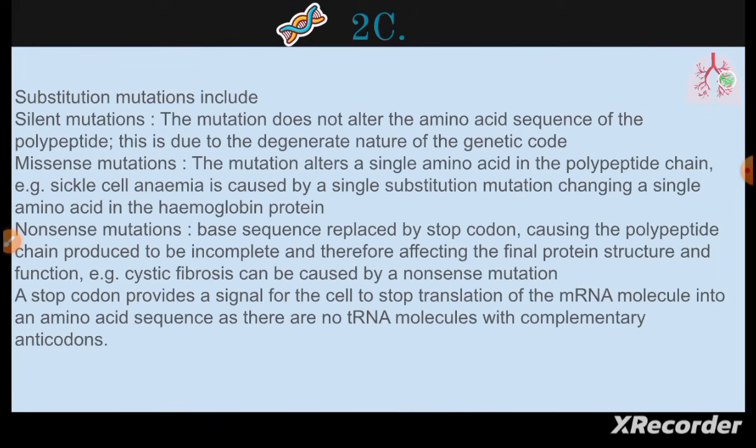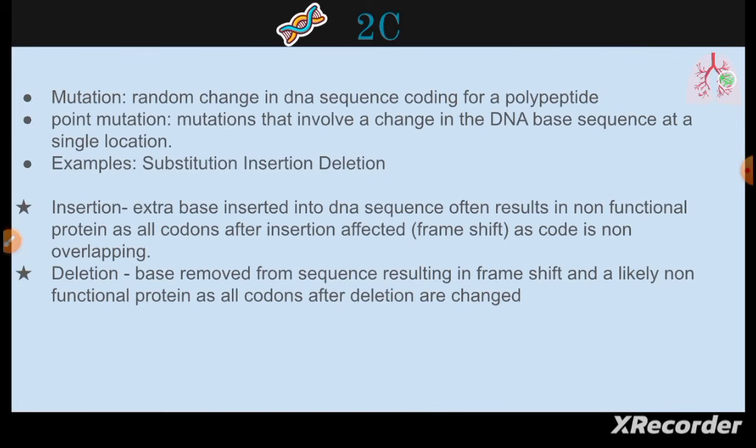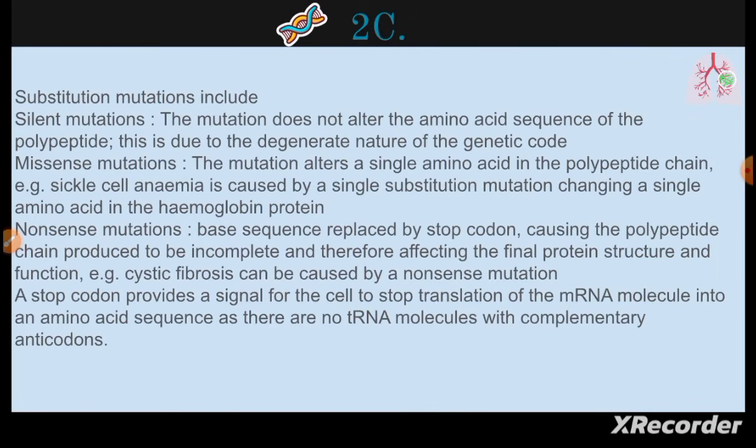And same with deletion. Substitution mutations include silent mutations. Substitution is when one single base is replaced by another. Silent mutations: the mutation does not alter the amino acid sequence of the polypeptide. This is due to the degenerate nature of the genetic code.